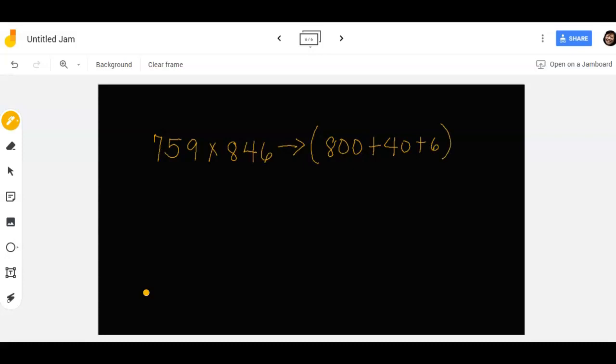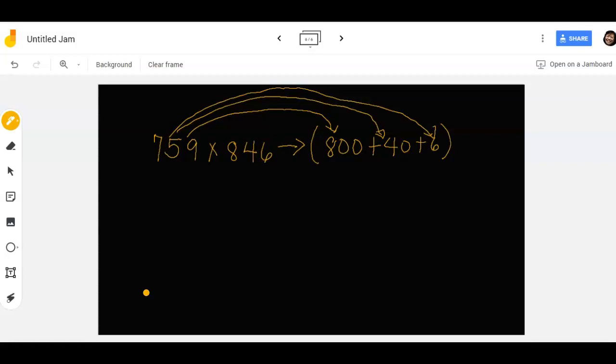My 759 remains as it is, and I'm going to use the distributive property to multiply my 759 by 800, by 40 and by 6. Or do the opposite: 6 times 759, 40 times 759, and 800 times 759.